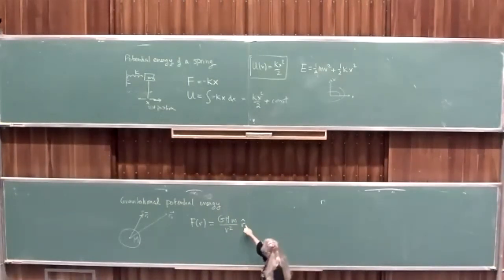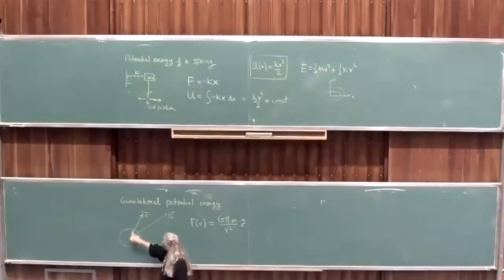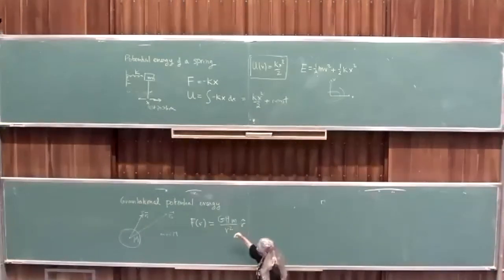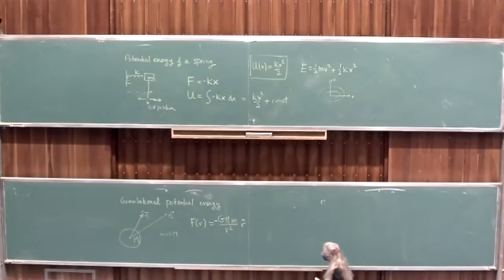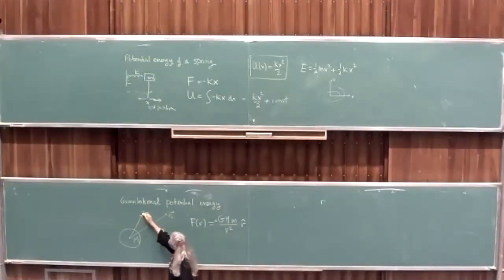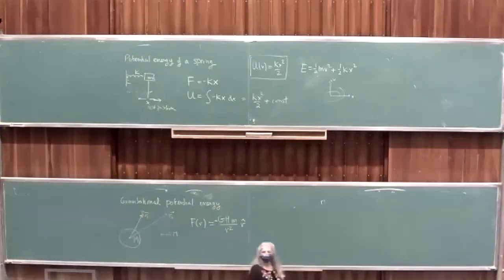I'm going to make R be measured from the center of the big mass, and we'll assume that little m is really small, so I don't have to worry about the center of mass being something different. It's an attractive force, so the force is that way, and R hat is the radial vector coming from the origin to the position that we're at.